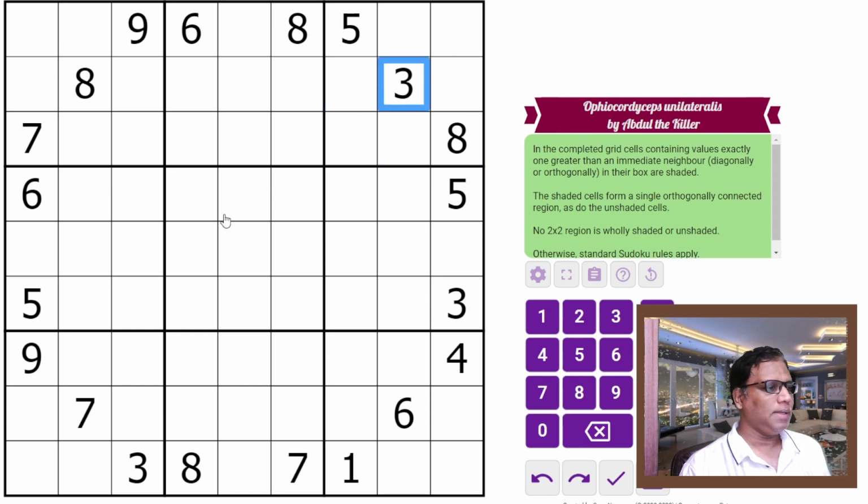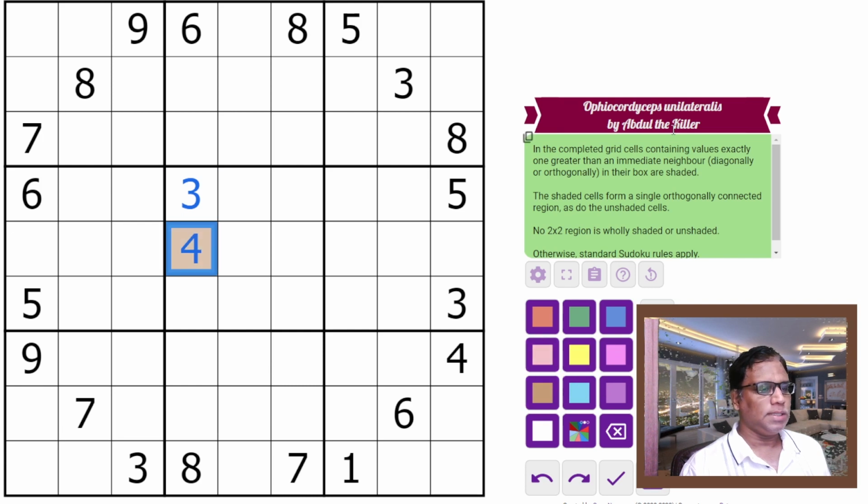For example, if there is a 4 here, and then if there is a 3 here, then we can say that 4 is a shaded cell. Is that correct? A value exactly one greater than an immediate neighbor.